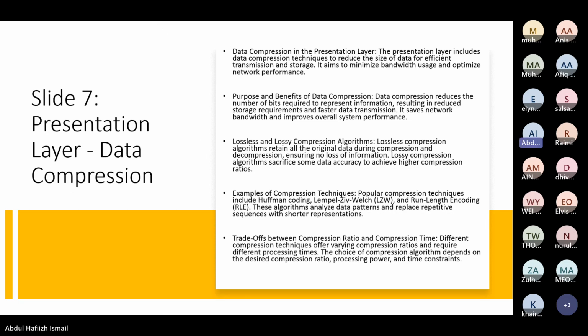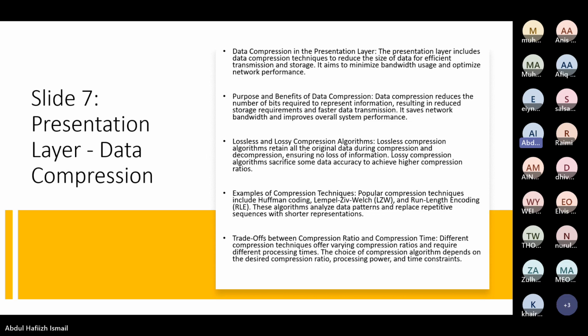And then let's go to data compression in the presentation layer. In this slide, we will explore an important feature of the presentation layer, which is data compression. So basically, data compression is a crucial function of the presentation layer.